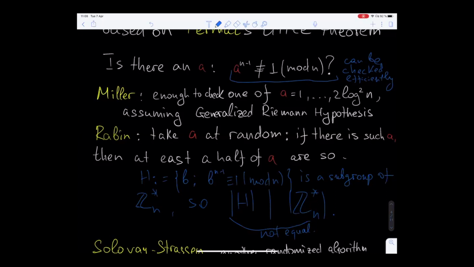What about Carmichael numbers? Yeah, well, it's exactly the place where I was cheating. So actually, this is not a test for primality in this sense. It's a test whether a number is prime or Carmichael.